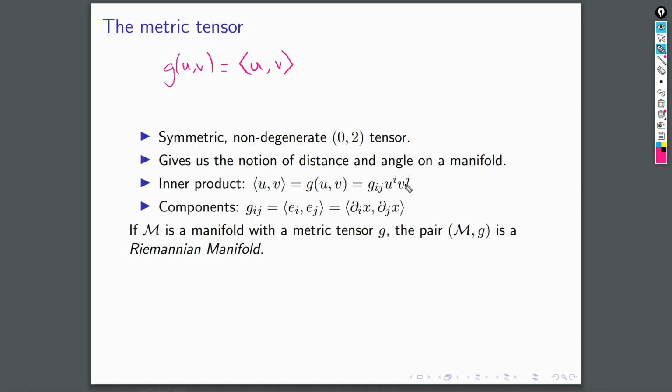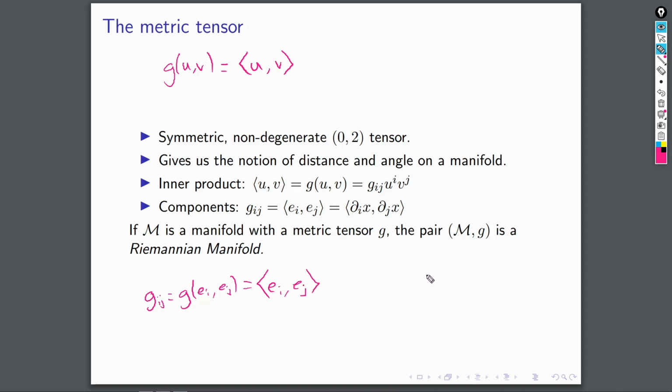And then we can expand that into the basis elements like this. So if G(U,V) is the inner product of U and V, then G_ij is just G of e_i, e_j, which is the inner product of e_i and e_j.